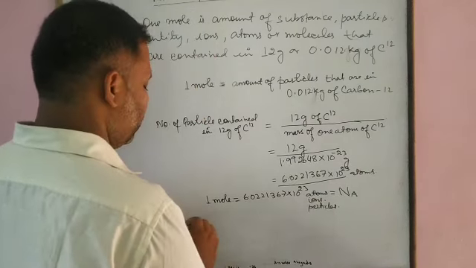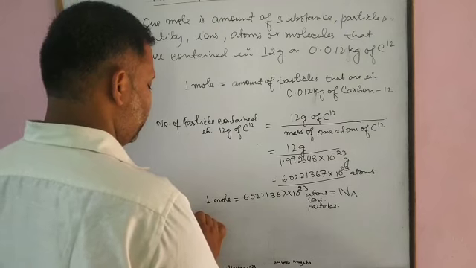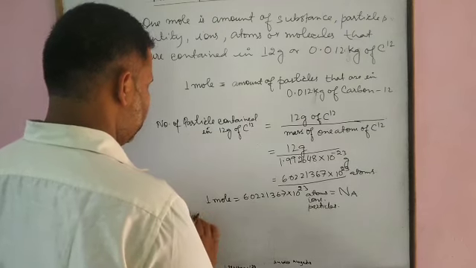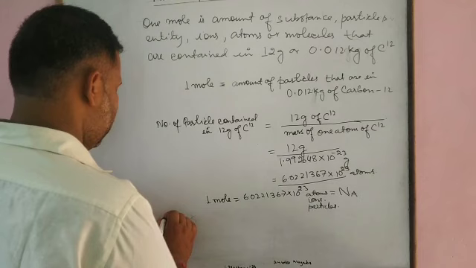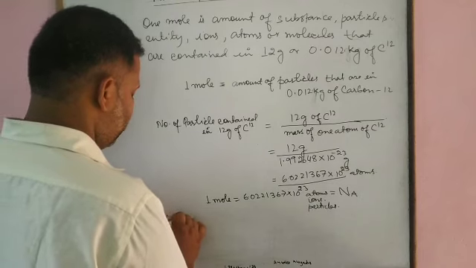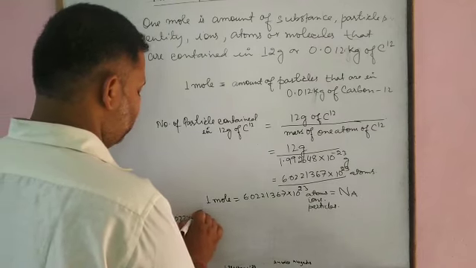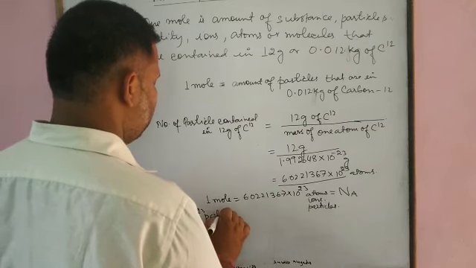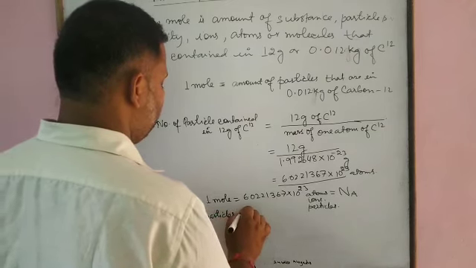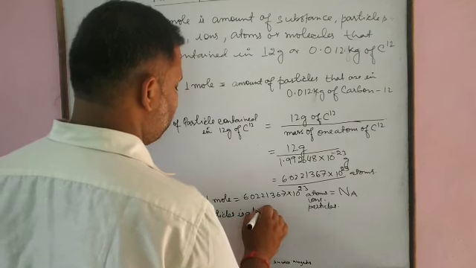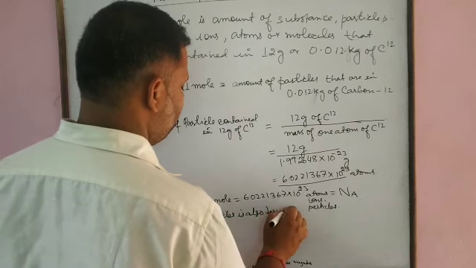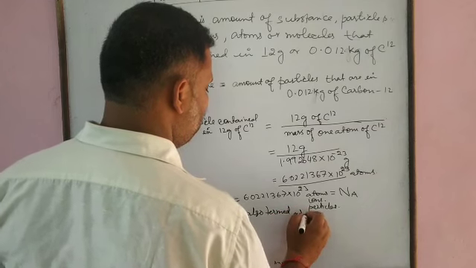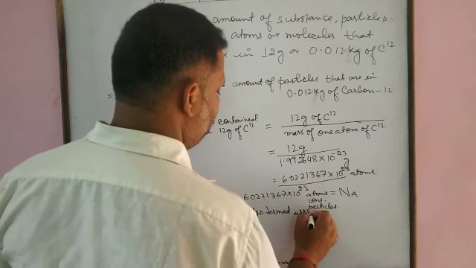Avogadro number, 6.022 into 10 to the power 23 particles, is also termed as Na.